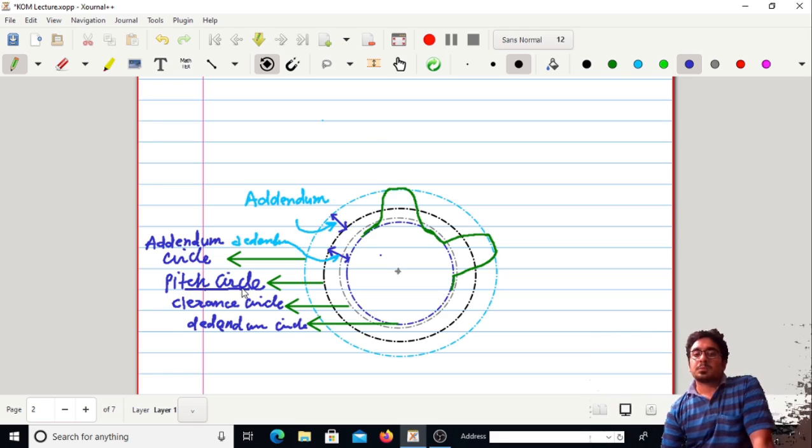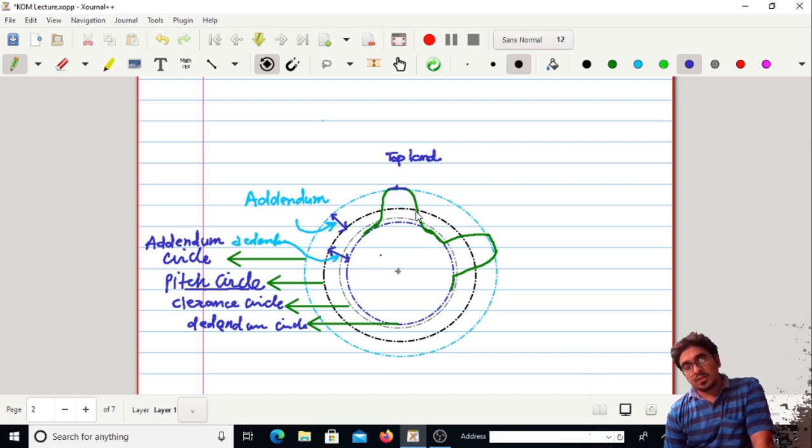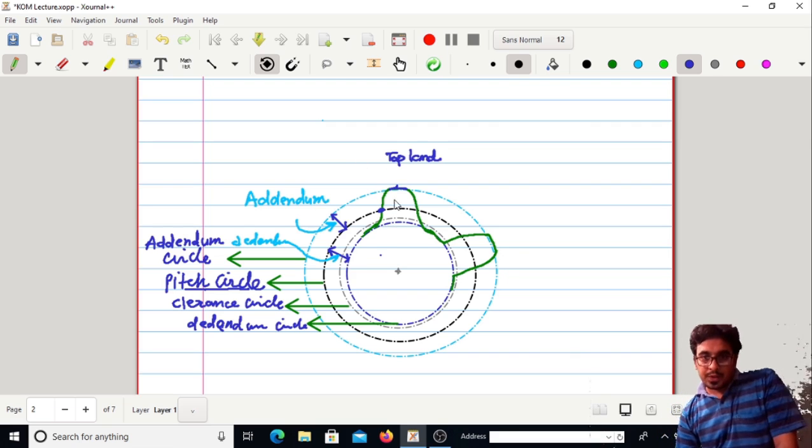Now, this particular top portion of the tooth was called the top land. This we already have discussed. And if we consider a point on this pitch circle, for example, let me consider one point on tooth number 1 and another point on tooth number 2 on the pitch circle.